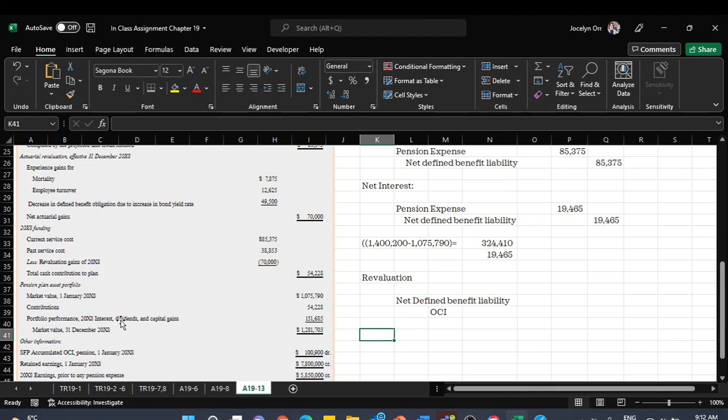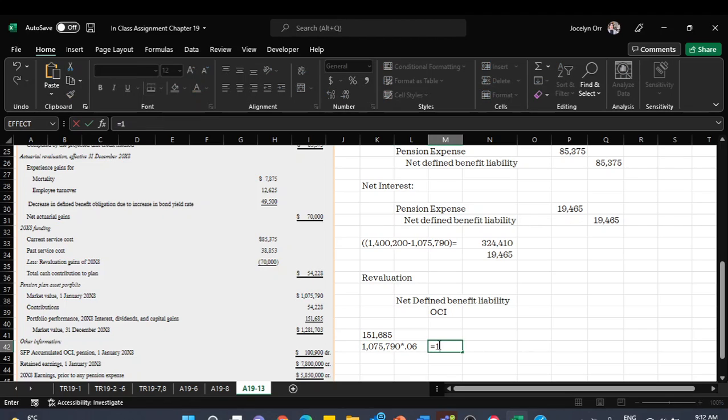So we're looking here at our portfolio performance, so what we actually earned, okay, which was 151,685. And then we're going to compare that to the actual, which is going to be the fair value of our asset. And we just use this number times the appropriate yield rate.